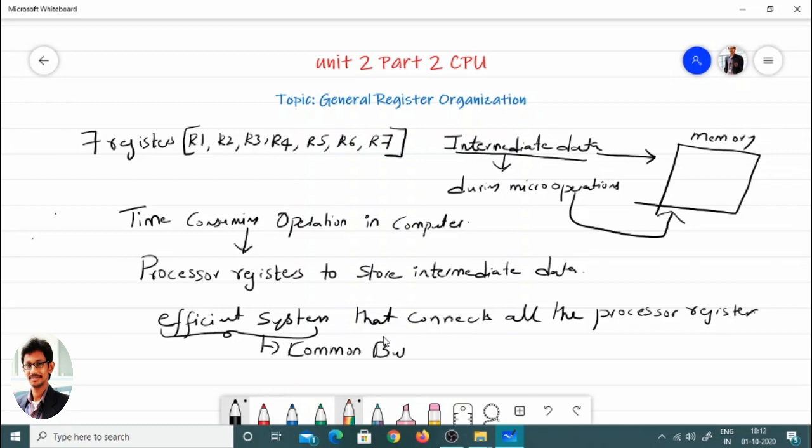This common bus system connects all the processor registers in an efficient manner. These registers R1 to R7 communicate among themselves not only for data transfer but also while performing arithmetic, logic and shift micro operations.